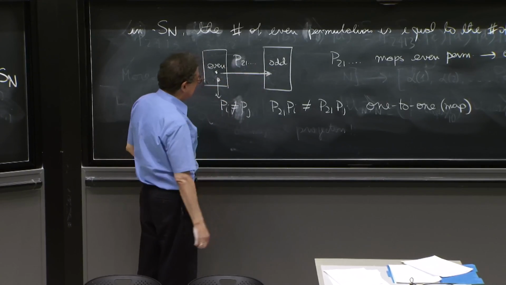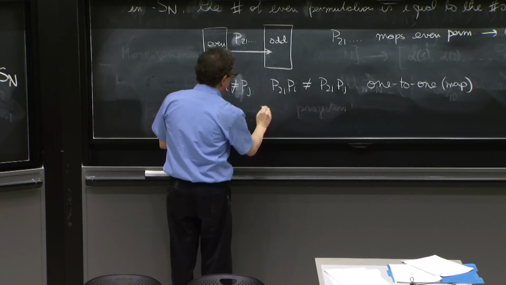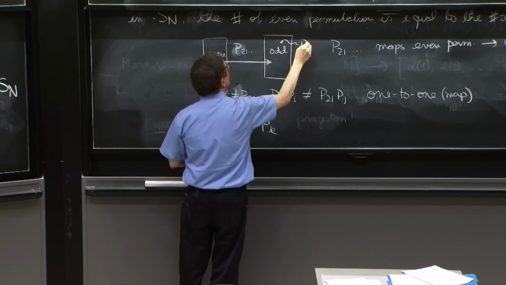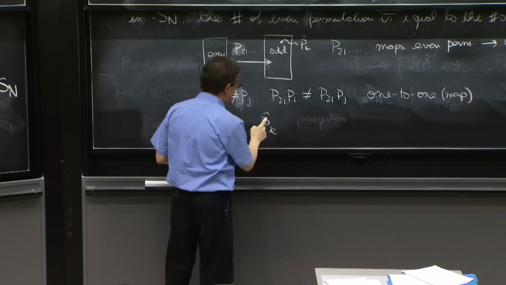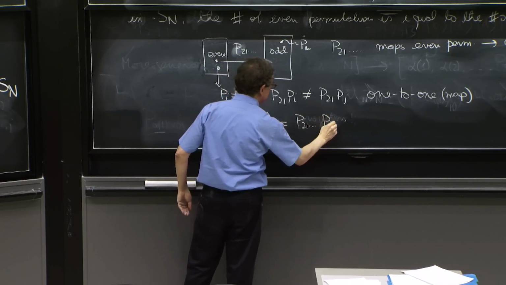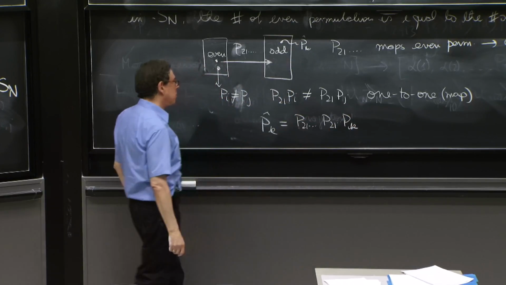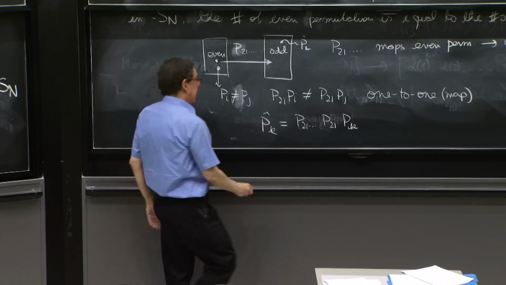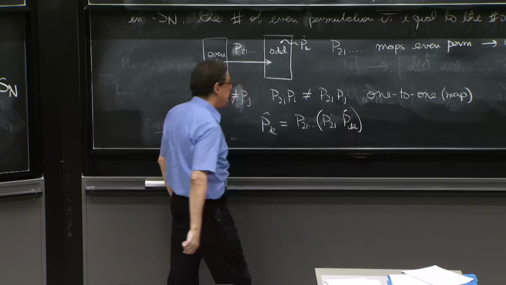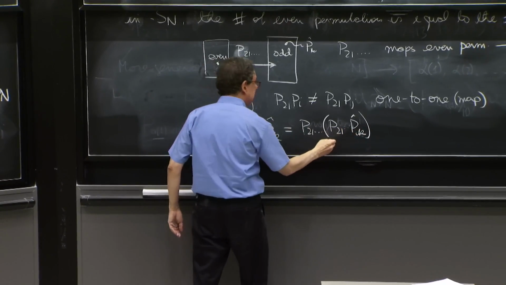Everybody reaches. So it's clear that everybody reaches because if you have a Pk in here, a permutation Pk, this Pk can be written as P21 times P21 times Pk, because P21 times P21 is 1. And this P21 Pk, since Pk was an odd permutation, is an even one.